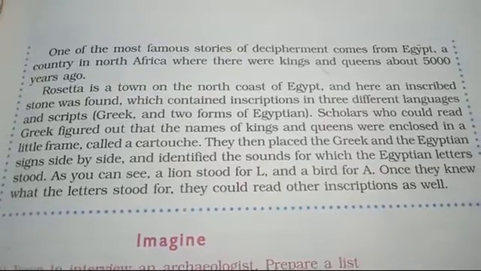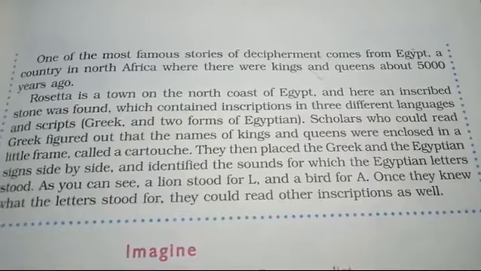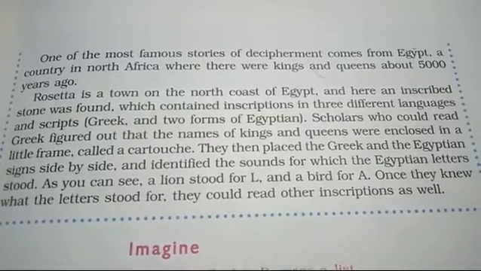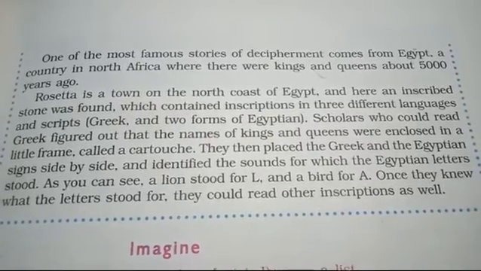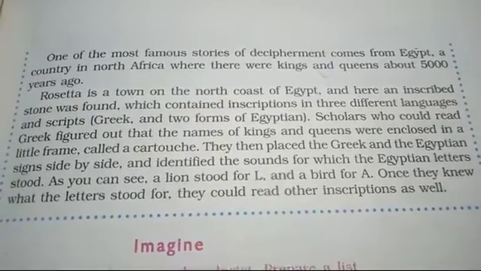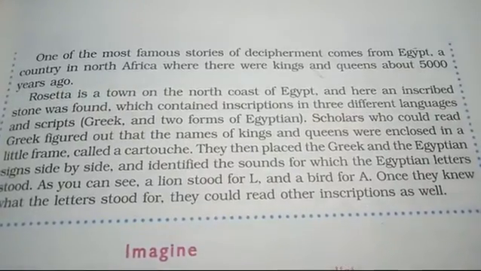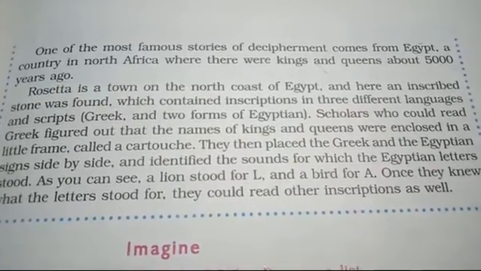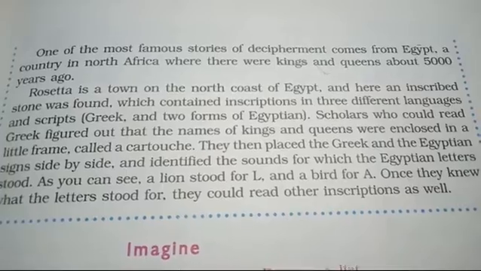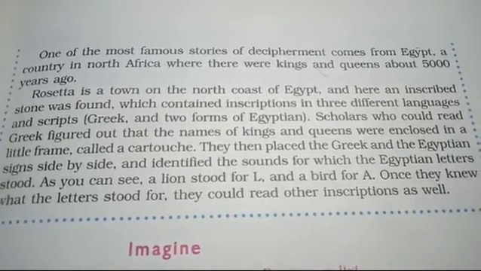Now, one of the most famous stories of decipherment came from Egypt, a country in North Africa where there were kings and queens about 5,000 years ago. Rosetta is a town on the north coast of Egypt, and here an inscribed stone was found which contained inscriptions in three different languages and scripts: Greek and two forms of Egyptian.